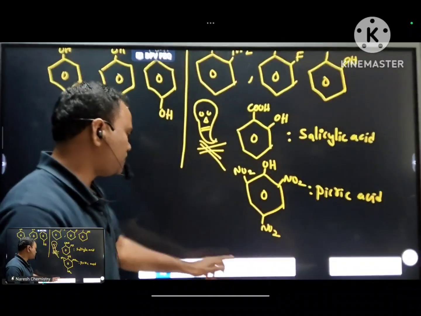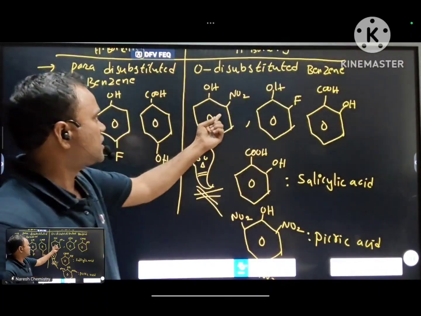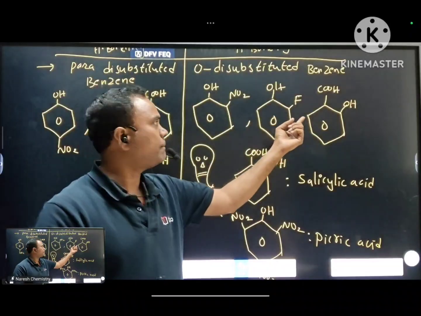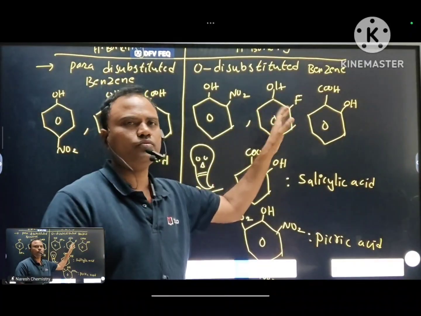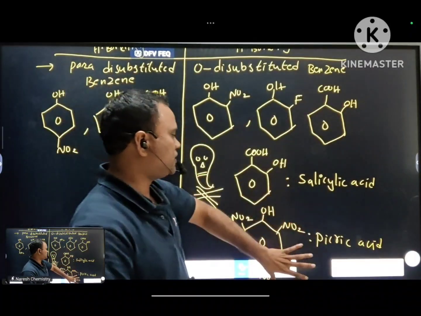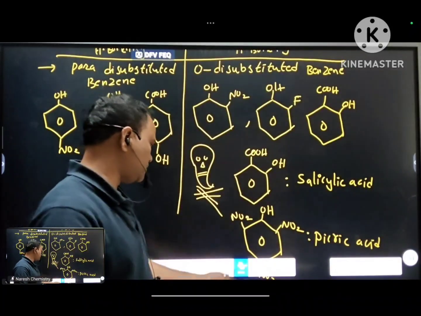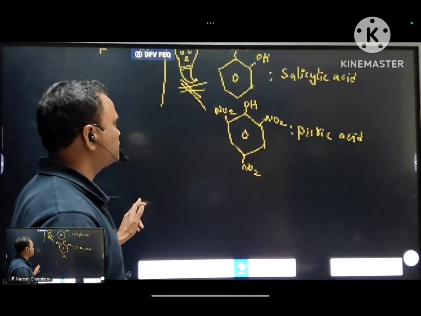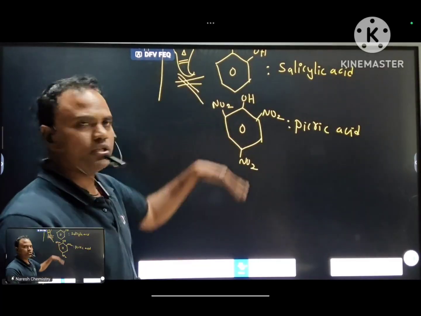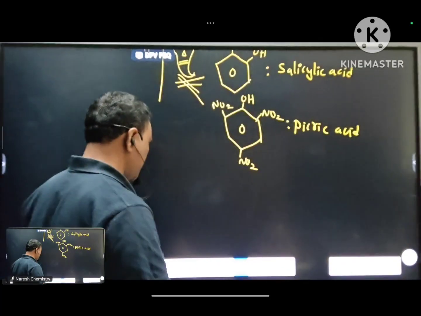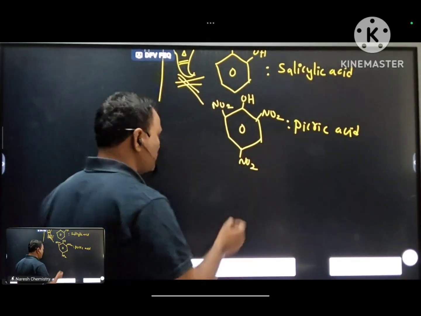For these, the names are common only. This is directly orthonitrophenol, orthofluorophenol, no problem. But salicylic acid and picric acid, these two are very important examples. And one more example, if you are able to remember it. I am giving one other example to you.